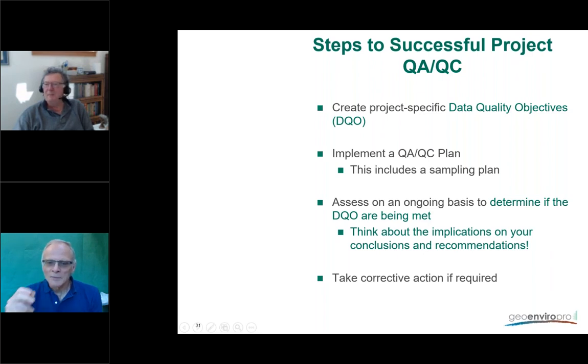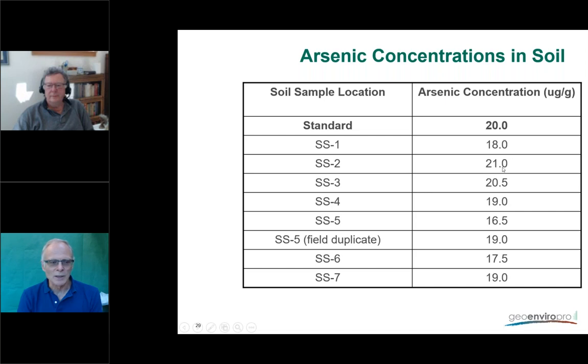Yeah, I think on the RPD, the way to look at it is if you have an RPD that exceeds the recommended acceptable range, which is typically 20 to 30%, that's really a flag for you to look deeper, to understand why.